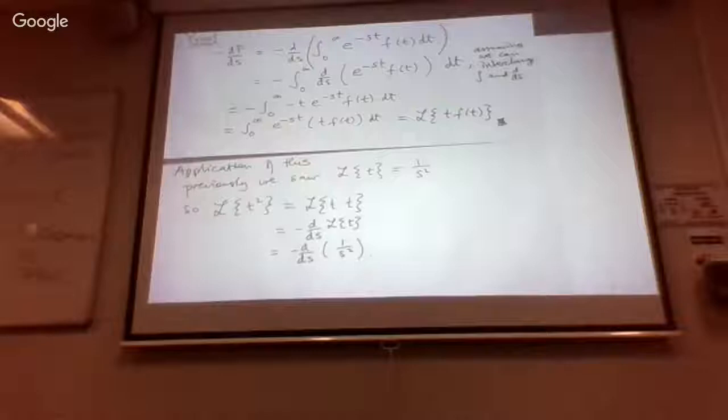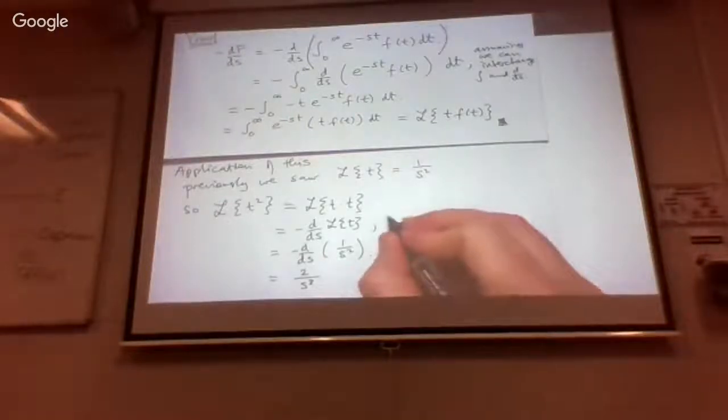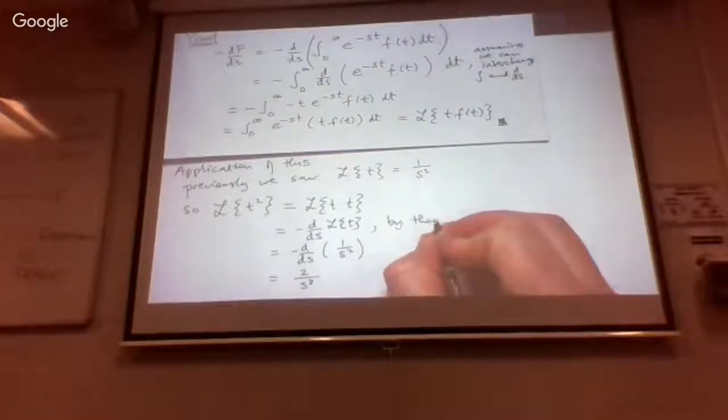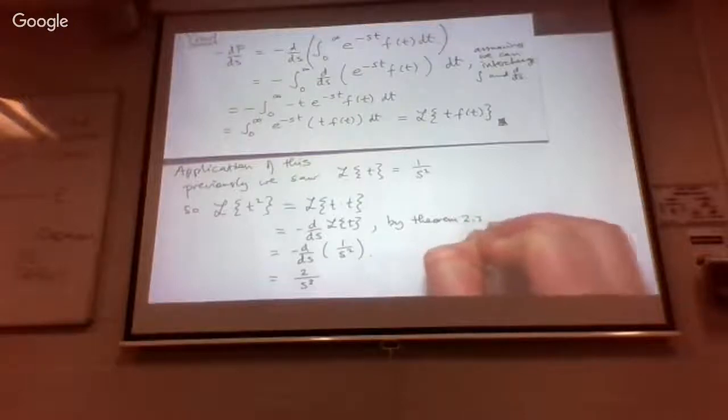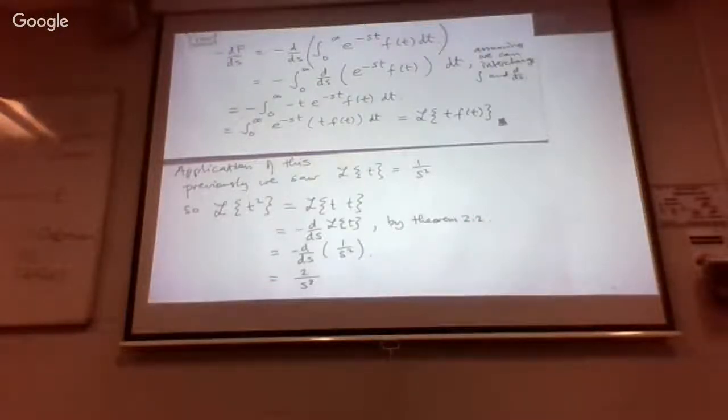Well, you differentiate 1 over s squared, you get minus 2 times 1 over s cubed. This extra minus sign changes it back to positive, so you get 2 over s cubed. So that was by theorem 2.2. We didn't have to go to the original definition of the transform.